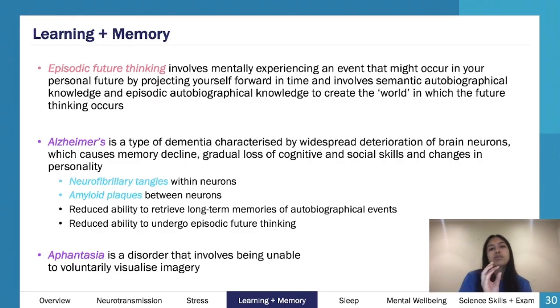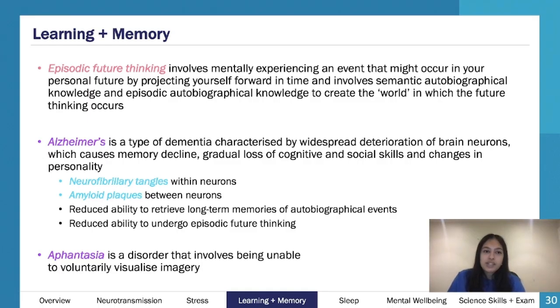But your semantic is also important because your semantic chucks the facts in, like what date your 11th birthday was, or maybe the people there, where it was, that sort of thing. So semantic is still important as part of your autobiographical events, but your episodic is really important because it's remembering that those events happened, it's your own life.